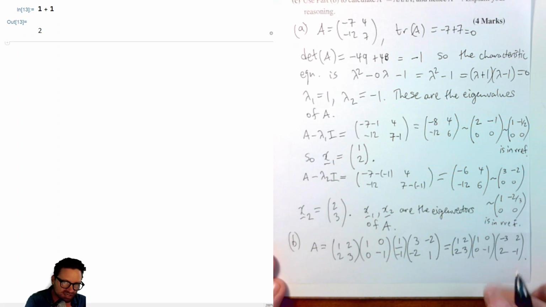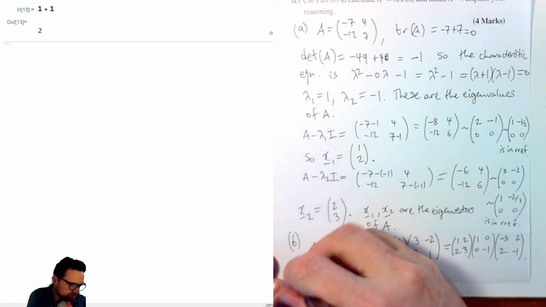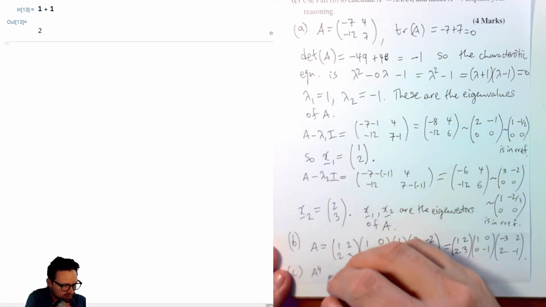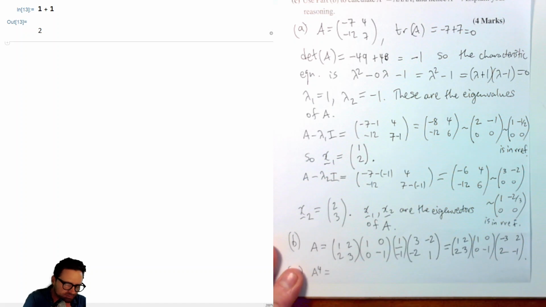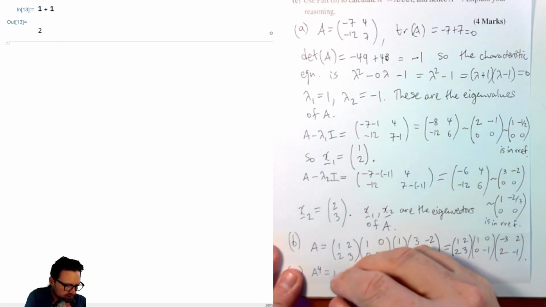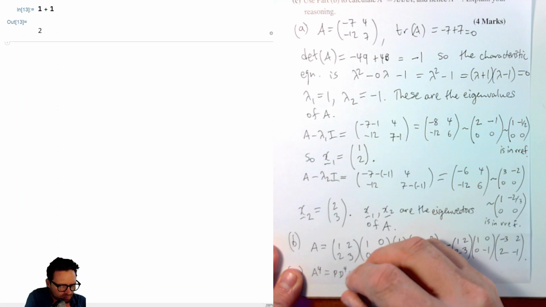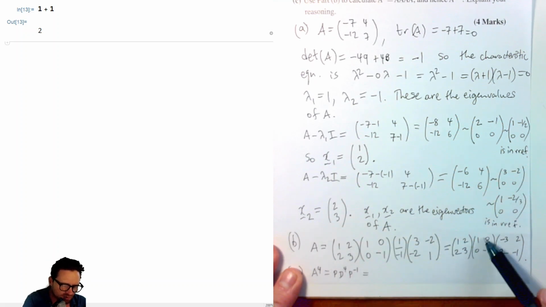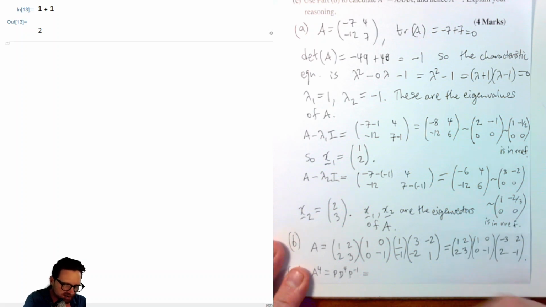Okay, now part C, which I'm going to fit here in this little space because it doesn't take much. A to the power of 4 is equal to P D to the power of 4 P inverse. And so for D to the power of 4, we just take the fourth power of these diagonal elements in the diagonal matrix.